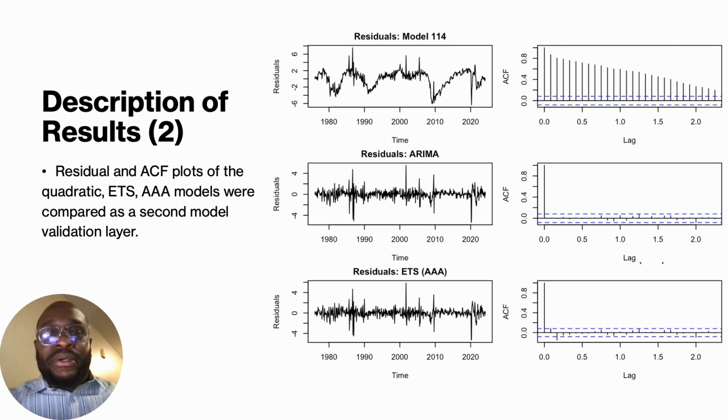And then when you compare the ARIMA and the ETS AAA models, you can see there's not a lot of difference in their residuals. Their residuals are showing white noise, or what seems to be white noise. There's no pattern in there, and in their ACF plots, most of it is only in lag one.